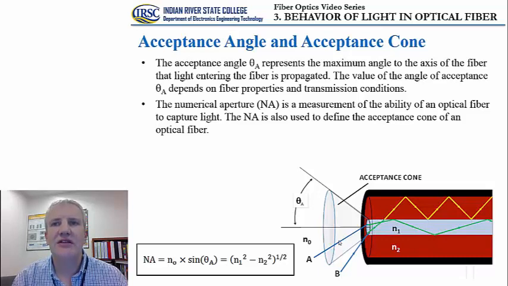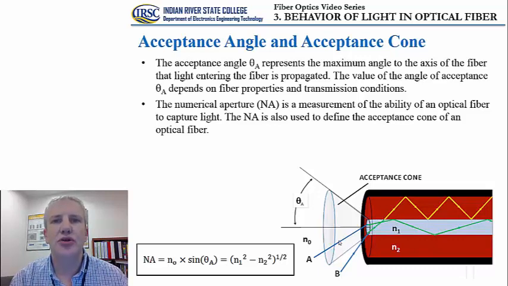The light ray incident on the fiber core must be within this so-called acceptance cone, which is also defined by the angle theta subscript A, and that angle is called the acceptance angle. A very similar concept is the so-called numerical aperture. Numerical aperture is a measurement of the ability of an optical fiber to capture light.